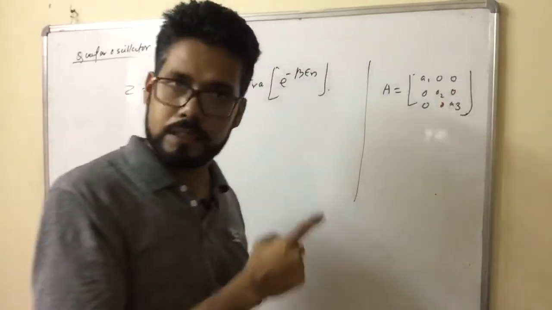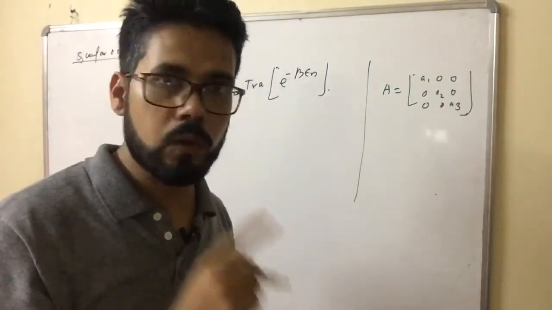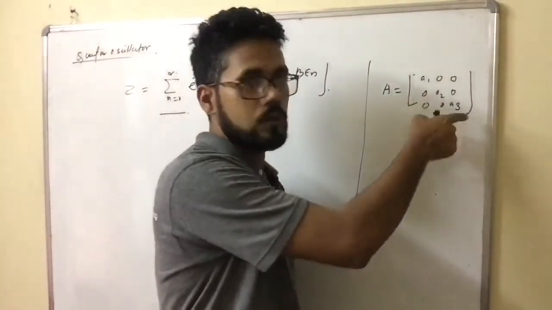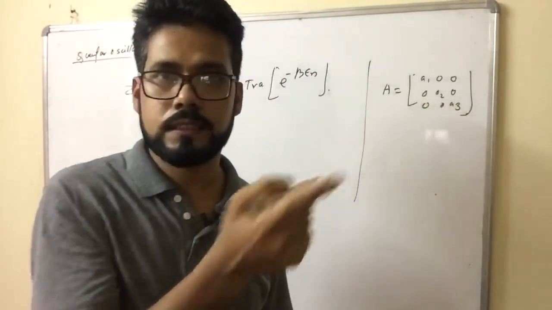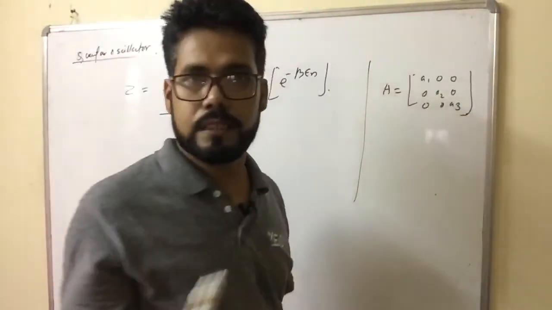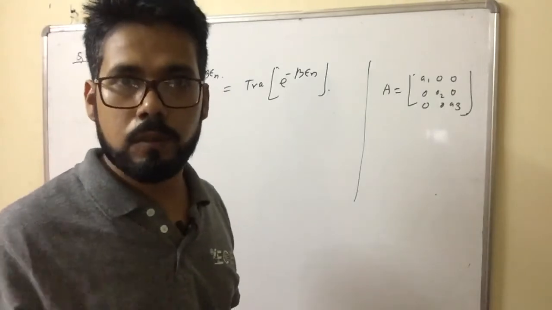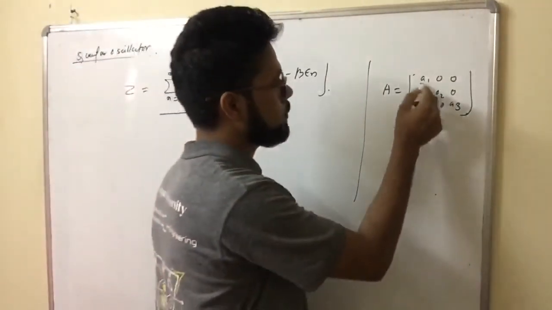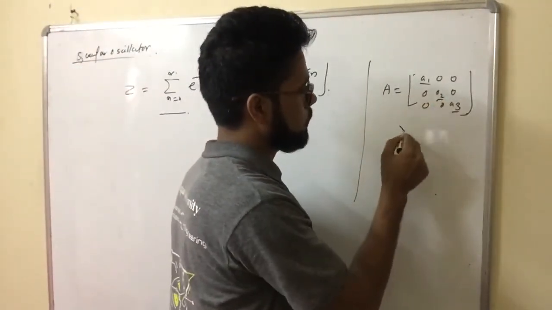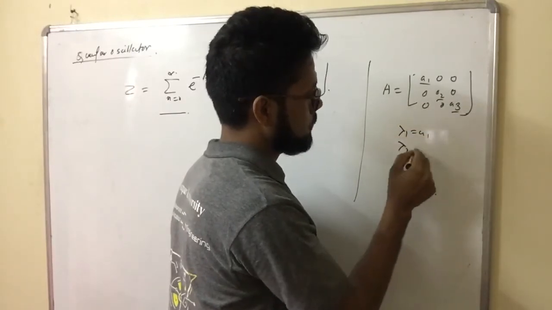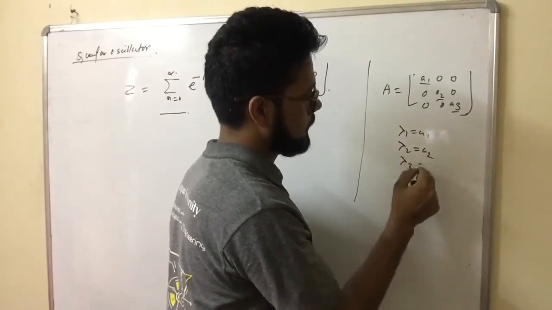Suppose A is a Hermitian matrix, a square matrix. The non-diagonal elements are 0, so all the diagonal elements represent the eigenvalues of the matrix. So there are 3 eigenvalues: lambda 1 equal to A1, lambda 2 equal to A2, lambda 3 equal to A3.